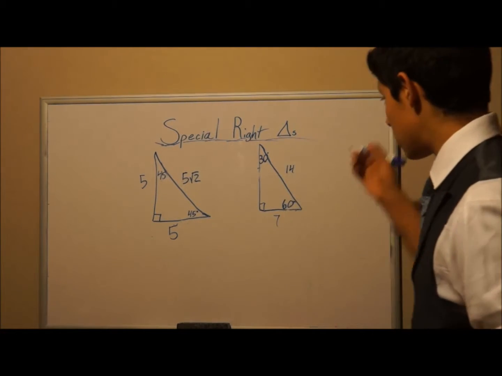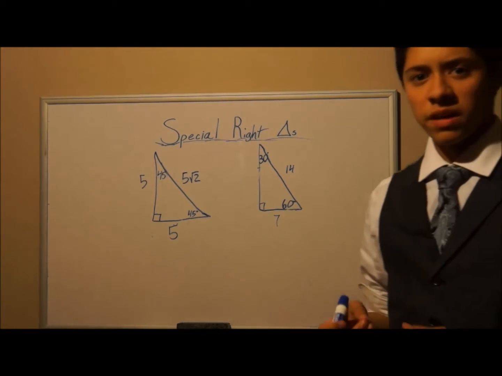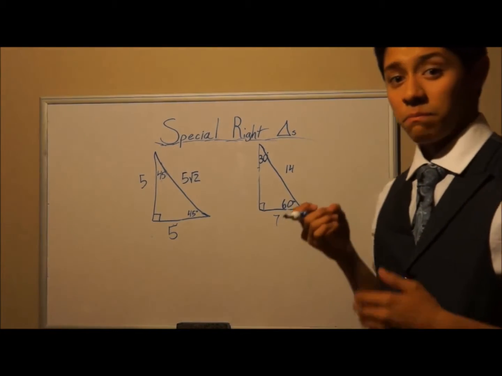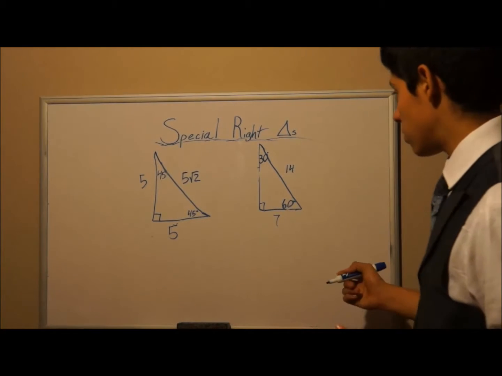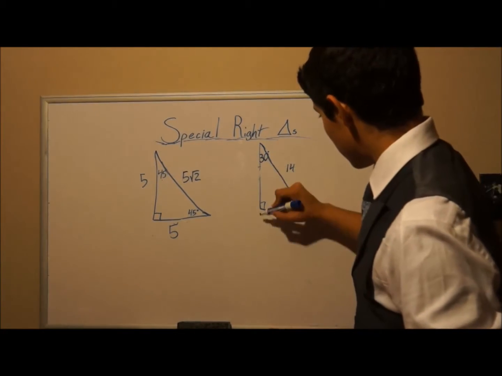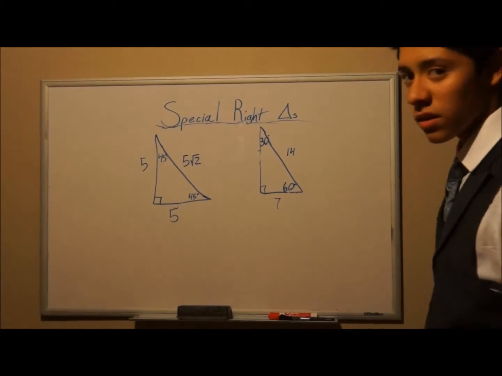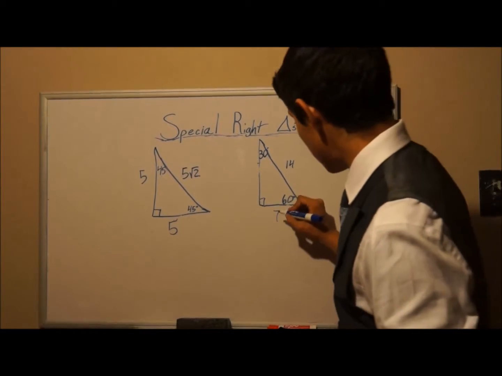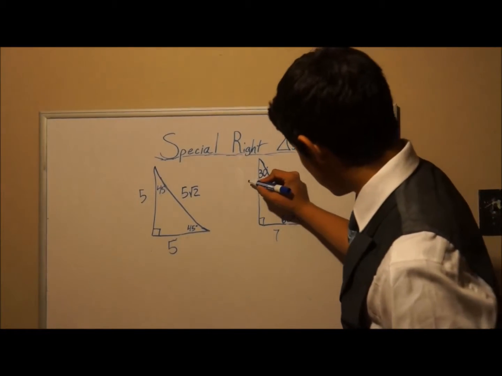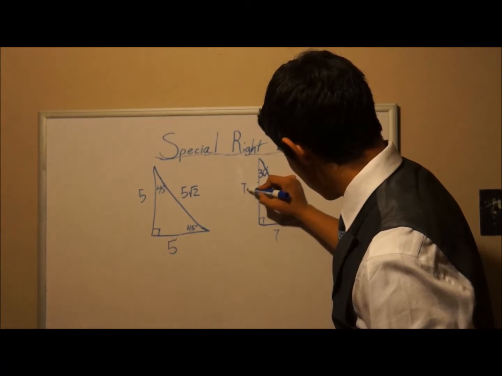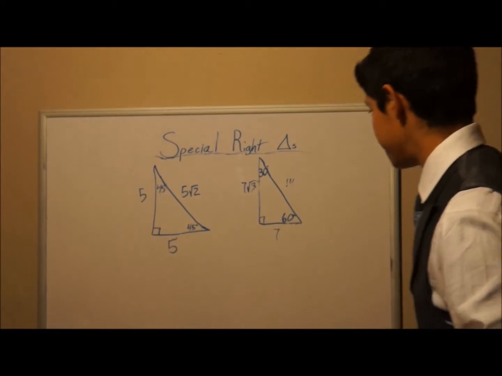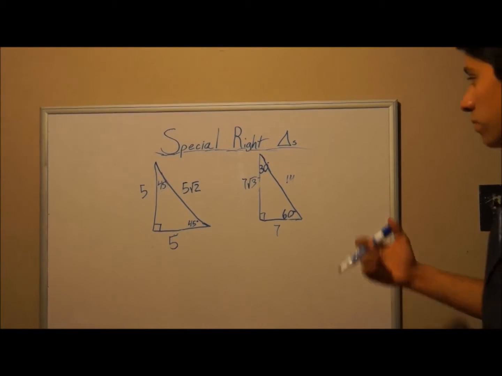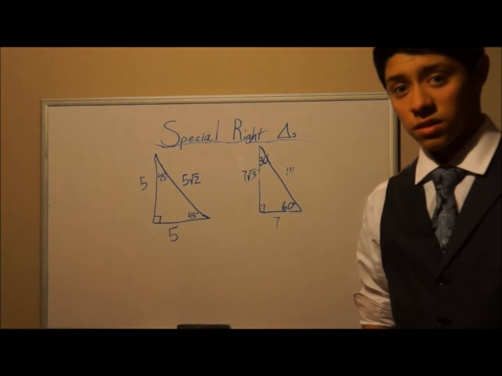Knowing this, we could use Pythagorean theorem, but it would be much easier if we just knew that the longest leg will always be leg 1 times square root 3. And that would pretty much be solving for that triangle.